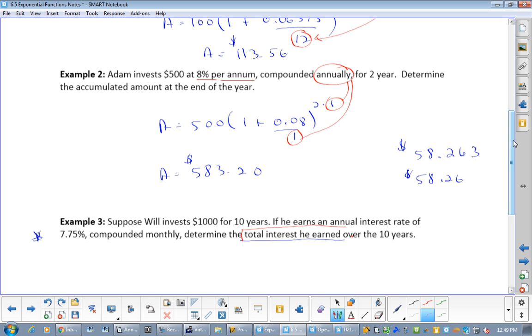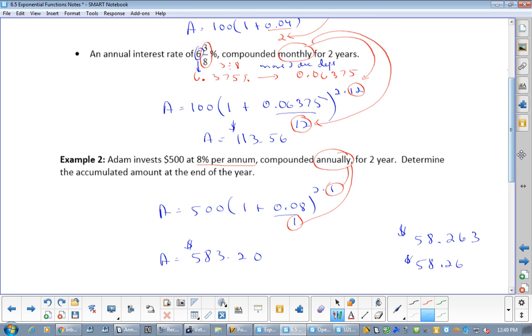He now has 583. Did he make $583? He made 83. 83.20 is his interest. That's what he made. The one above, how much did he make? $13.56. That's the actual interest he made.